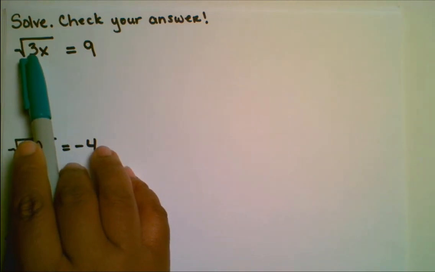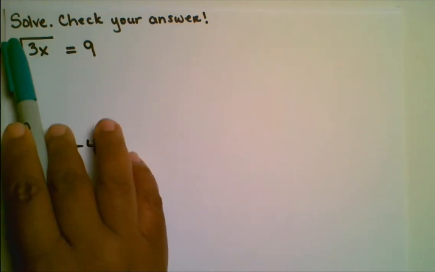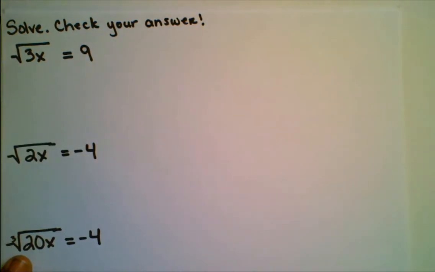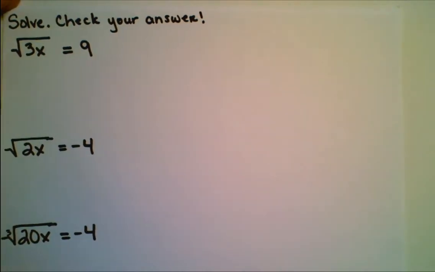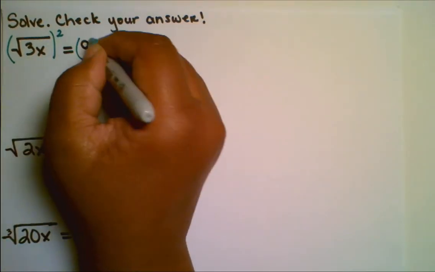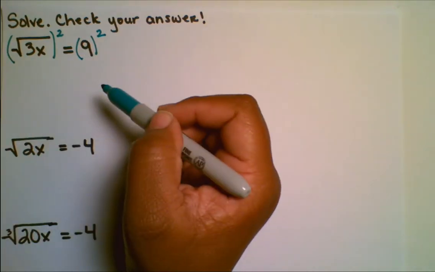Then what we want to do next is raise both sides of the equation to the power of 2, because we want to get rid of this radical, this square root. So to do so, we're going to square both sides. What you do on one side of an equation, you have to do on the other.